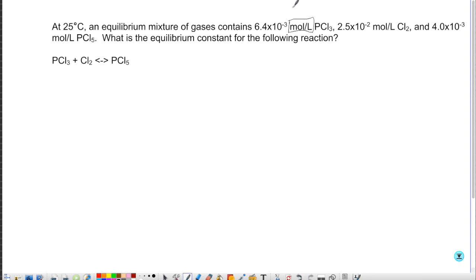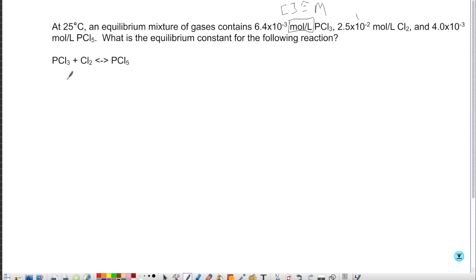We need to make sure that we have concentrations, which we're thinking about in terms of molarity. Well, for gases, it's not the same as a solution, so it's moles per liter of the container, because a gas expands to fill its container. So just be careful to make sure that the units of what you're given are a concentration, because sometimes you'll just be given moles and a volume, and you've got to adjust for that.